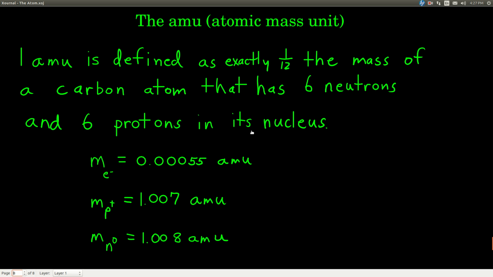Now, if we were to write the mass of an electron in AMUs, it would be 0.00055 AMUs. A proton is 1.007 AMUs, and a neutron is 1.008 AMUs. So we still see the neutron is a little bit heavier than a proton, and these are both much heavier than an electron. It's just these are nicer numbers. So we're going to use AMUs when we're talking about the mass of protons, neutrons, and electrons.